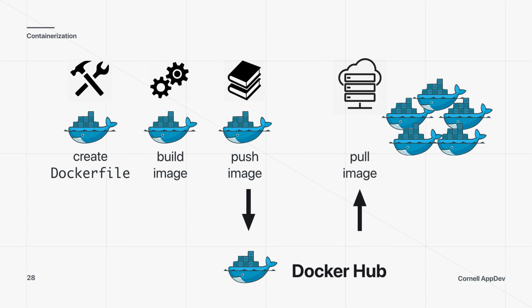The 3 whales on the left show a process of 1 whale or 1 application, and on the right, a server is just a place where you can deploy multiple images. So do note that an application can have multiple images.